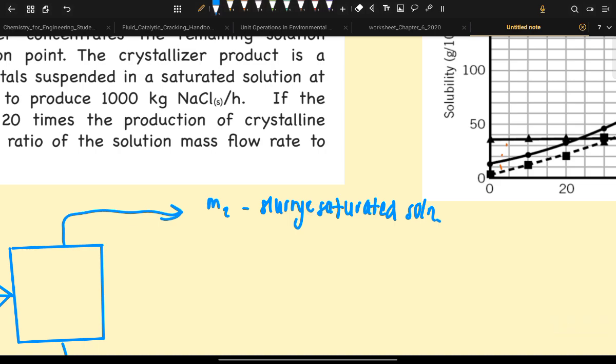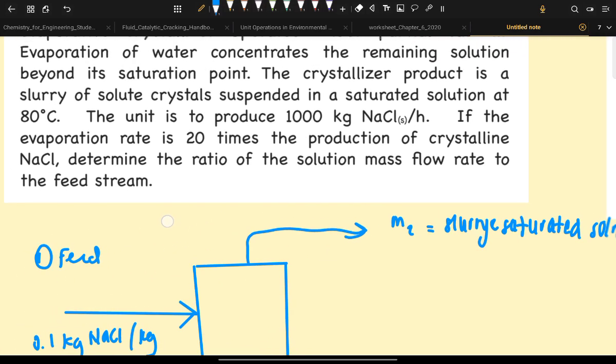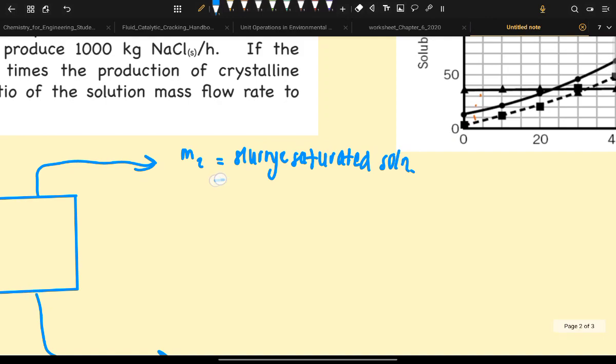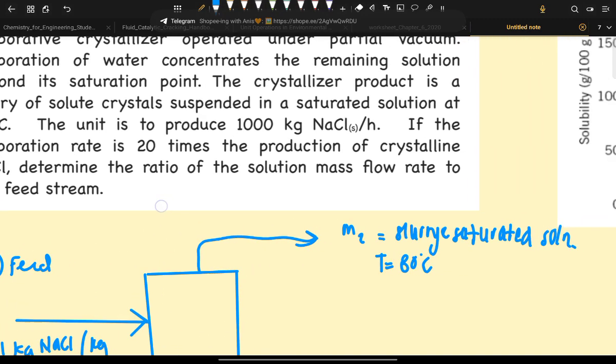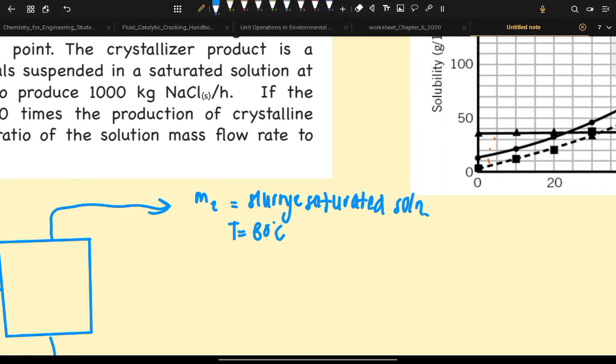Okay, the temperature is T equals 80 degrees Celsius, and we know that the unit will produce 1000 kg of sodium chloride per hour.